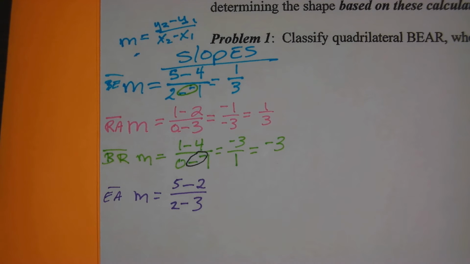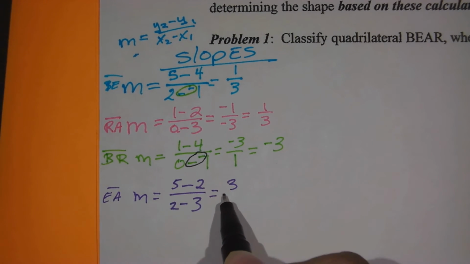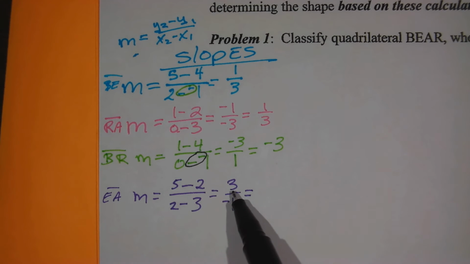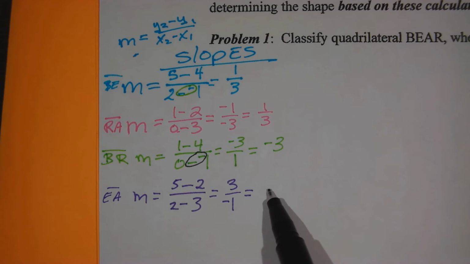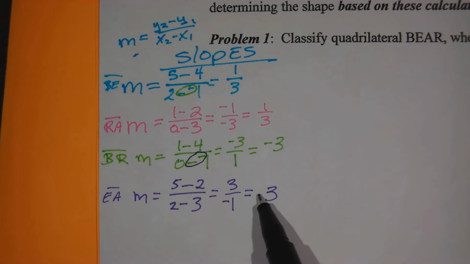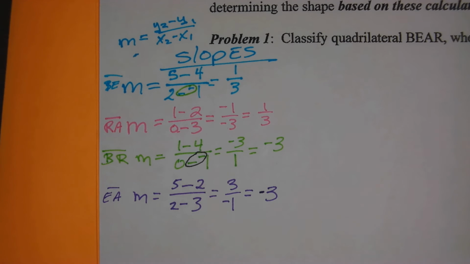All right, so 5 minus 2 is 3. And then 2 minus 3 is negative 1. Well, I can still divide this. So 3 divided by 1 is 3. But then I have a positive divided by a negative is negative. And over here, it was a negative divided by a positive is negative.